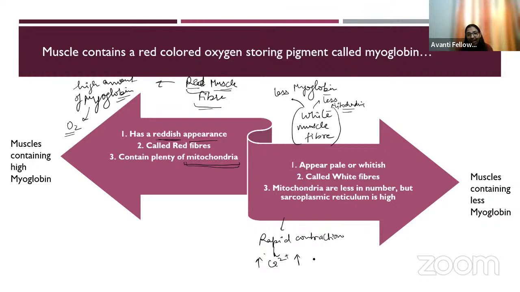And if they require more calcium, that means they will have more sarcoplasmic reticulum. Whereas the red muscle fibers show slow and continuous contraction. So they require low calcium.